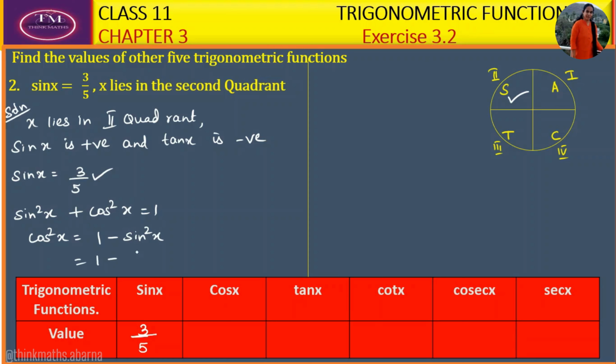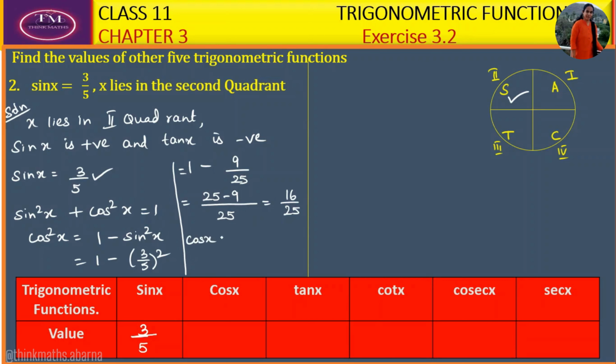So 1 minus 3 by 5 whole square. 3 square is 9, 5 square is 25. Taking 25 as LCM, we have 25 minus 9, which is 16. 16 by 25. So cos square x is equal to 16 by 25.